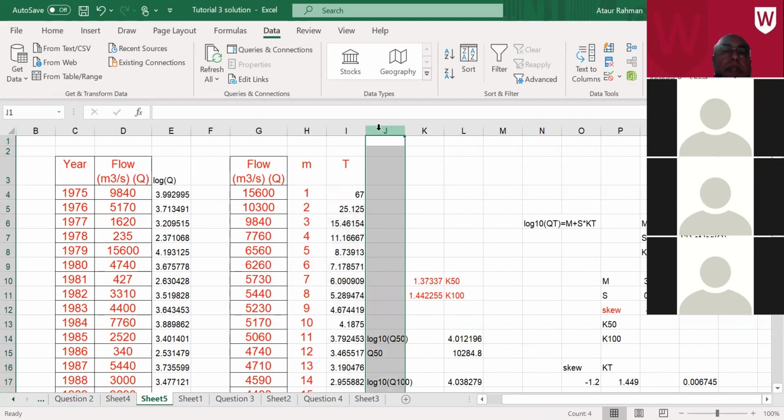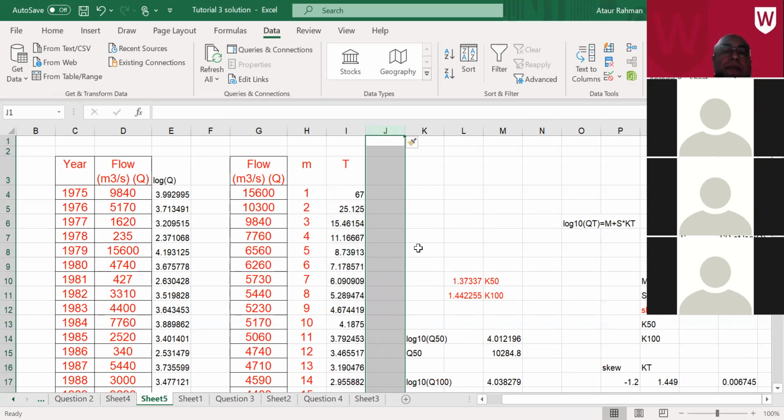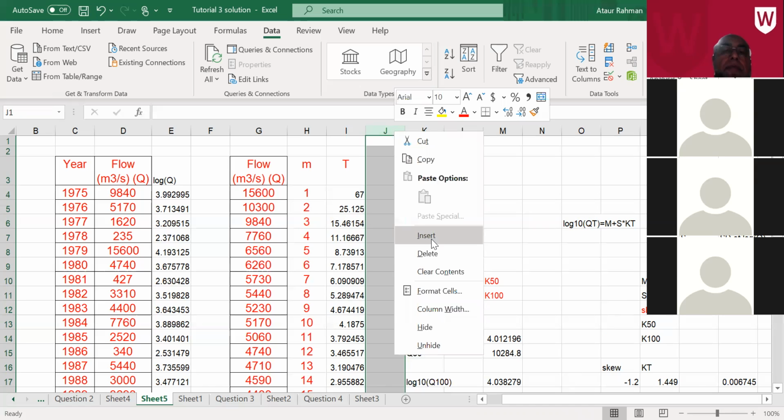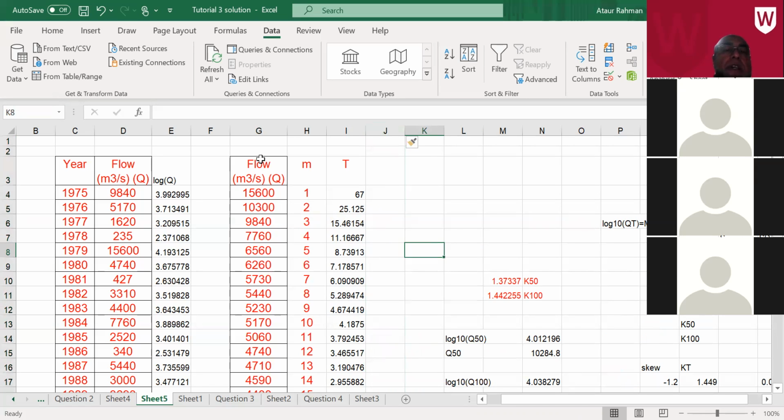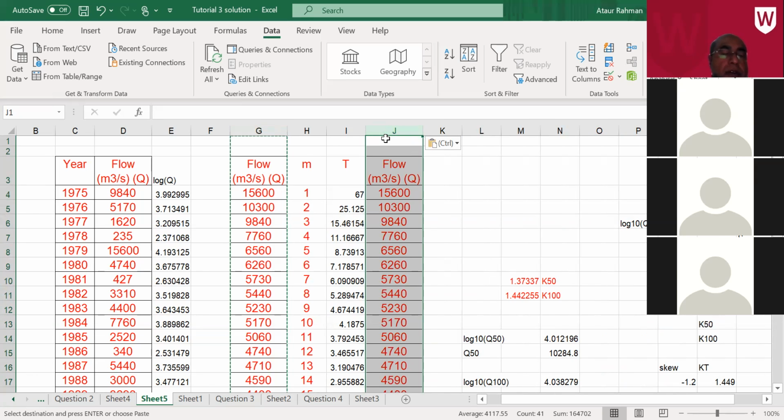And I'll insert a column here, maybe another column. So basically, I have to plot T in the x-axis and flow in the y-axis.